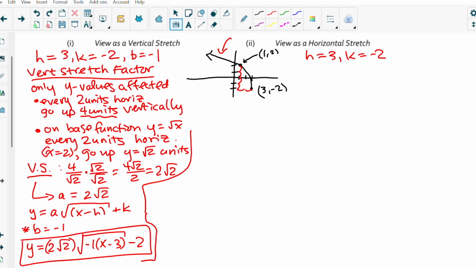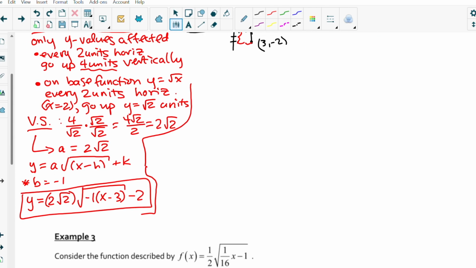Okay, now on to the algebraic approach. I start with my general form of the transform function, y equals a times square root of b times x minus h plus k.